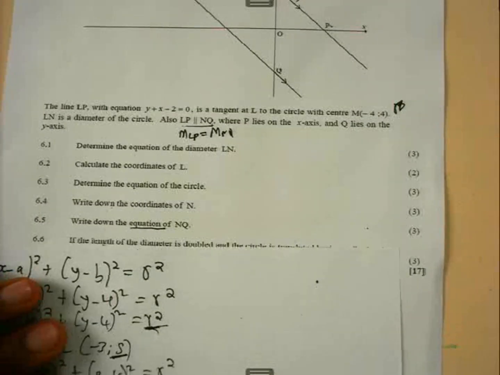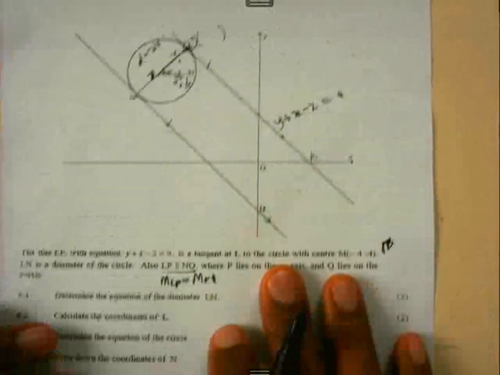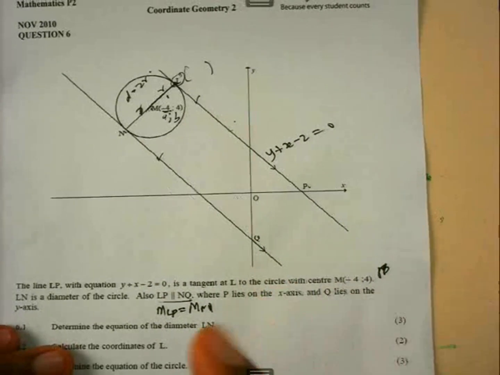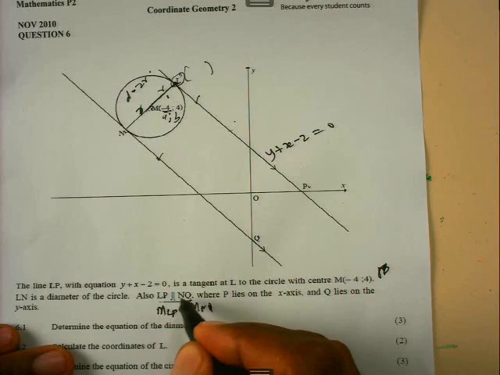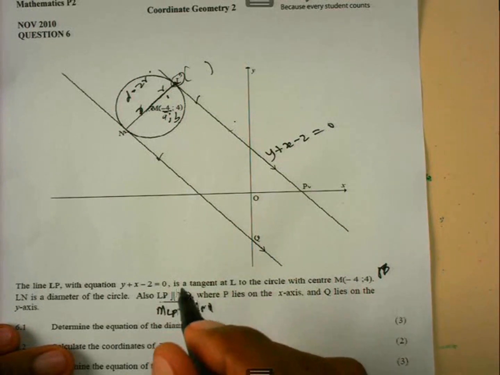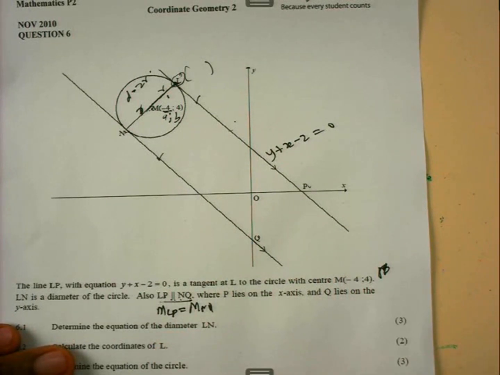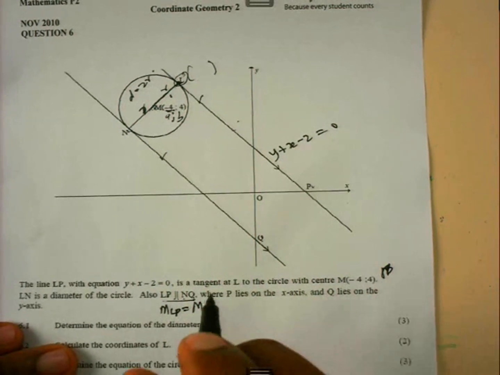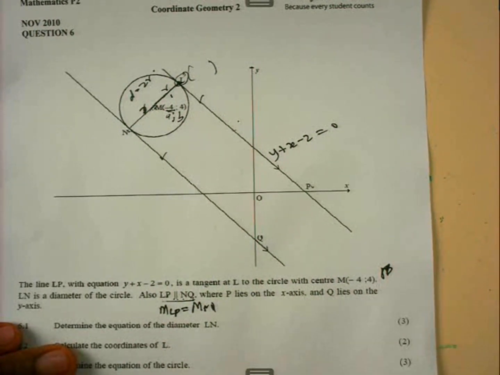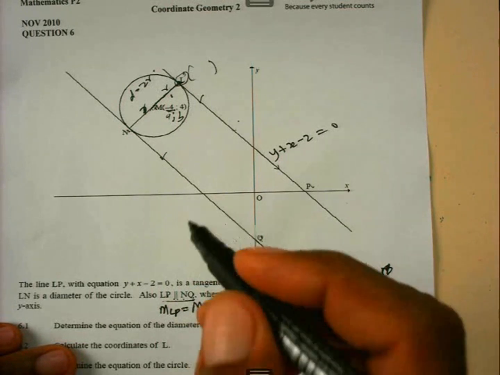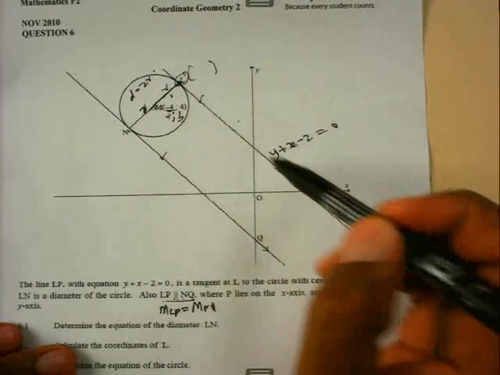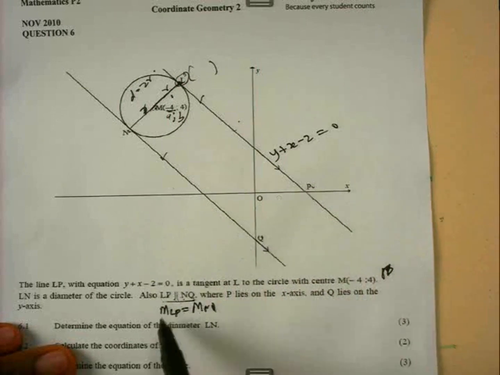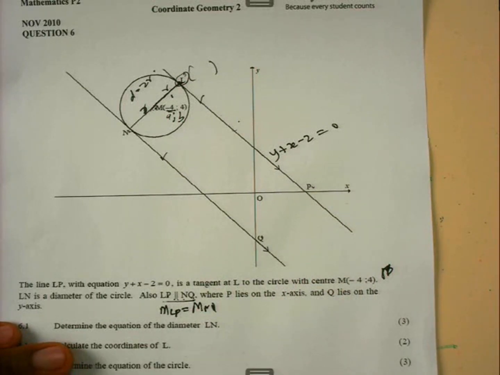Now, boys and girls, they said something about NQ too: LP is parallel to NQ. That is why it's very important to read the statement and underline the important information. Since LP is parallel to NQ, the gradient of LP is equal to the gradient of NQ.